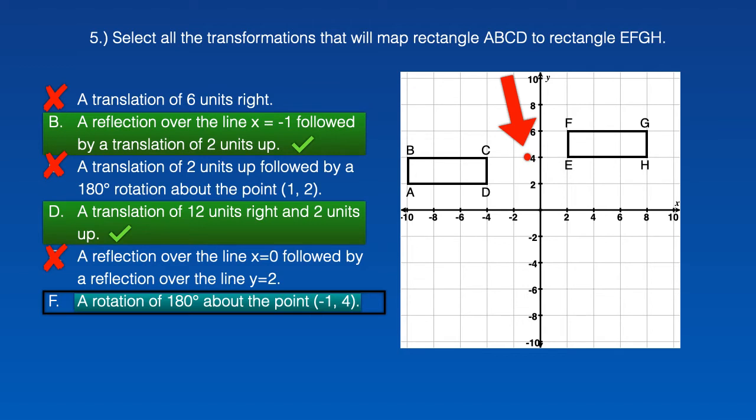And without getting into the calculations, I want you to make sure that you know how to estimate where the rectangle should land. Okay, so if I were to rotate our pre-image 180 degrees around that point, this would be 90 degrees, and then 90 degrees again would put it right there. So that does match up. So that is a correct answer. So this question has 3 correct answers.